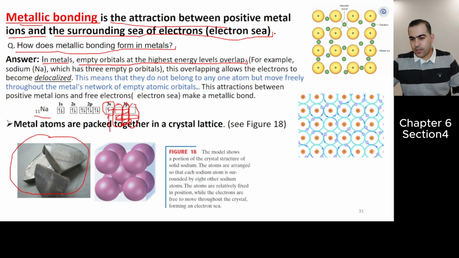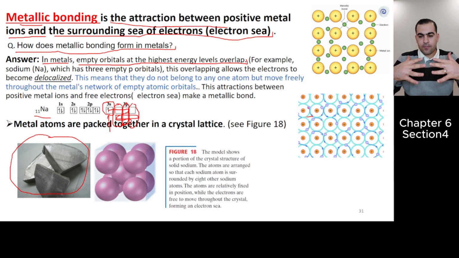Okay, look at here, guys. Imagine this sodium atom. It has one valence electron. These two sodium atoms, their 3p empty orbitals, have overlapped. It means that these two sodium atoms have bound together. So now, when their empty orbitals overlap, the electrons move from one atom to another atom throughout the empty orbitals.